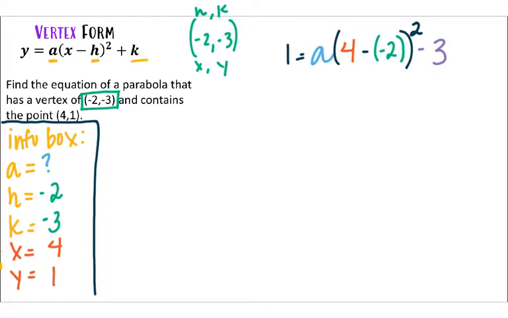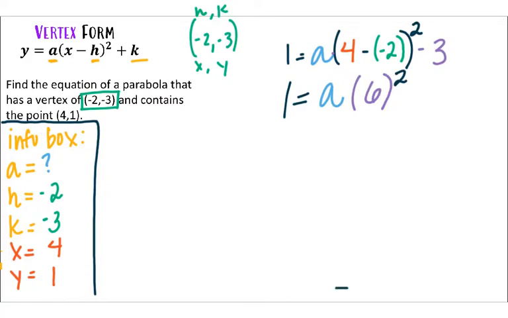Whenever we simplify, we remember PEMDAS, the very first step is to handle the parentheses. 4 minus -2. So we have 1 is equal to, the a value does not change. 4 minus -2 will give us a +6. Please be careful with this, guys, especially because there's a negative, so I highly suggest you check your work there.